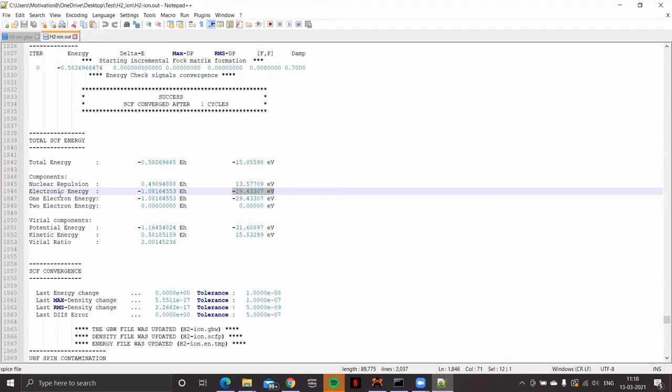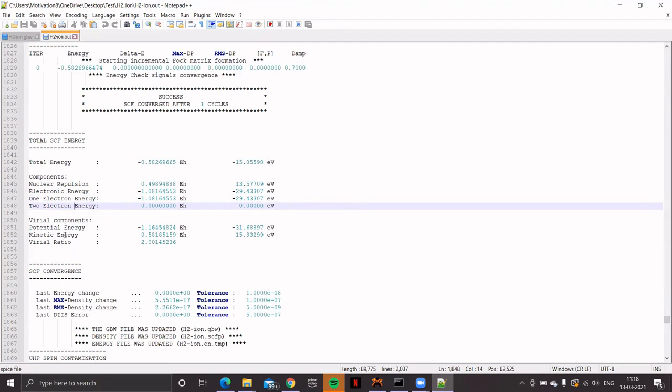Kinetic energy will be positive and the potential energy in this case, because of nucleus-electron interaction, will be negative. So total is minus 29. Out of that, since there is only one electron, there will be a one-electron energy, the same value. There is no two-electron energy because there is no repulsion. But once you have a system with more than one electron, there will be a two-electron energy, and that value will be positive because that's repulsion.